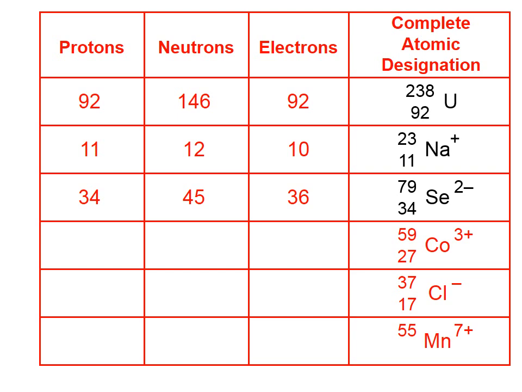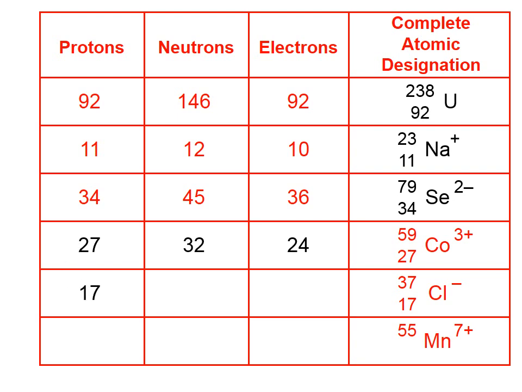I'm expecting 32. To figure out the number of electrons, we look at the charge. The charge is 3+, which means we have 3 more protons than we do electrons, which means we're going to have 24 electrons.